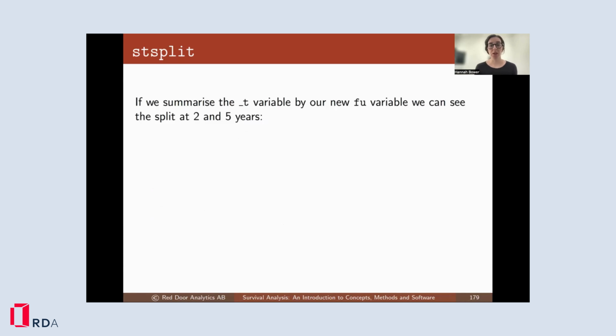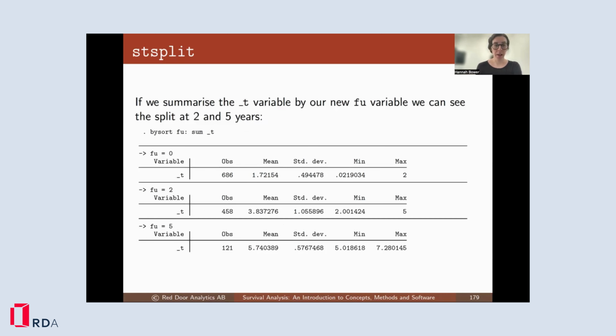And we can also, if we want to, summarize the time variable by our new variable to see that we have split at 2 and 5 years. So we can see here that if we use the bysort FU command and then say summarize _t, we summarize the _t variable within levels of the FU variable.